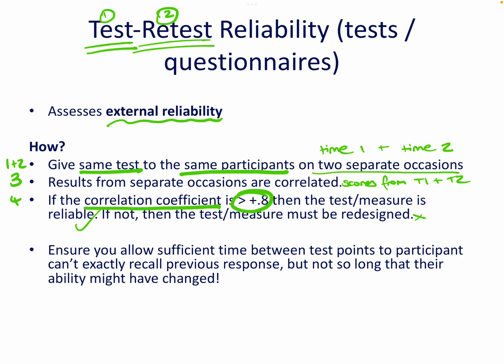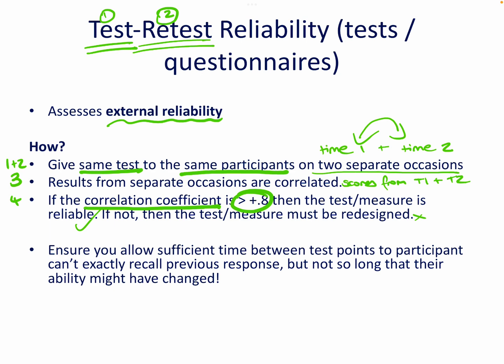It's really important when we're doing test-retest that we time the interval between those 2 tests wisely, right? If we don't have sufficient time, so if we do them back to back within half an hour, for example, they're going to remember their responses and they're just going to respond in the exact same way that they did last time.